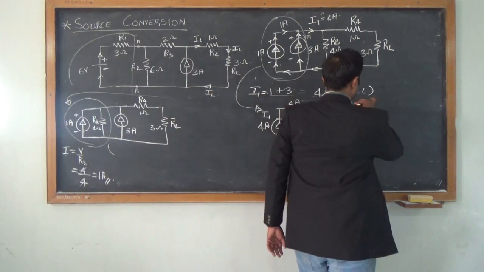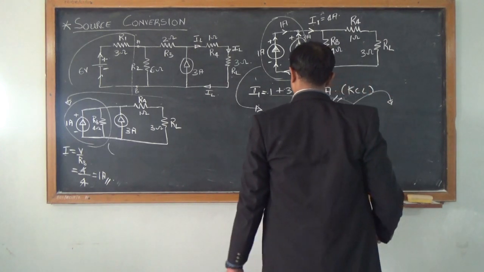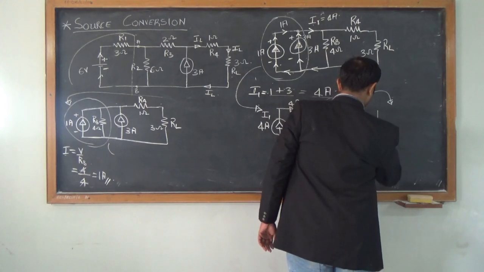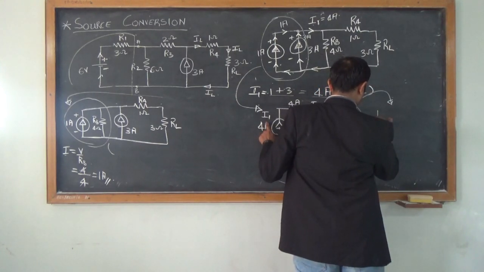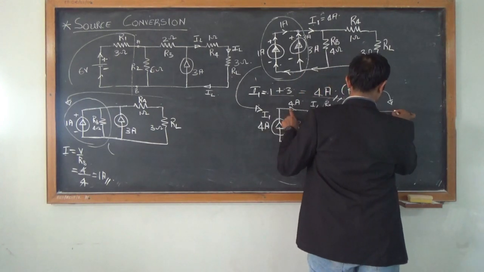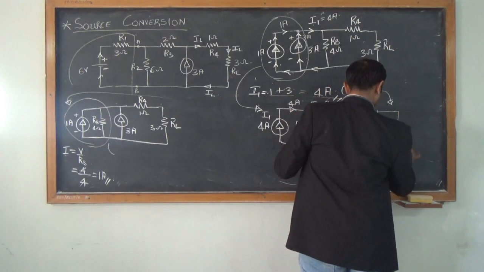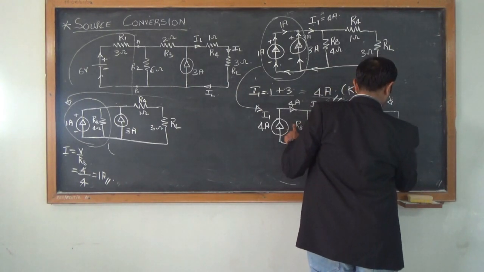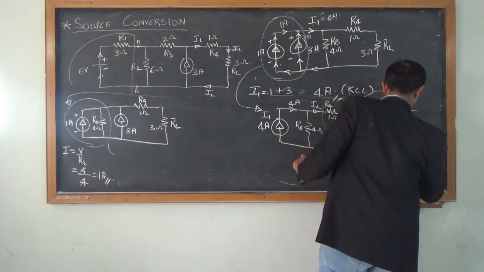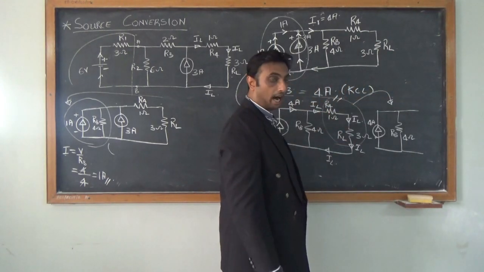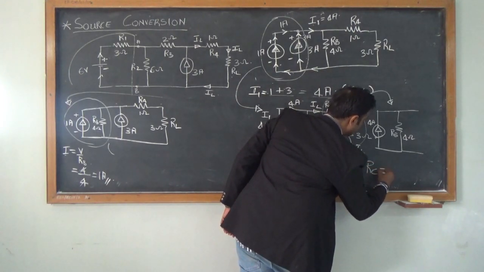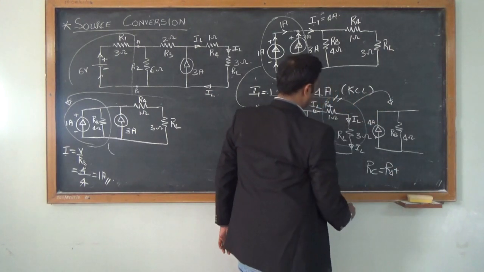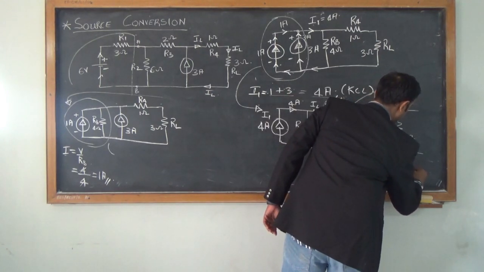So now combining both these resistors together, the rest of the circuit remains the same, 4 amps. So I have 4 ohms, which is my RB, and now I am going to combine R4 and RL. So I'll call this RC. So RC equals R4 plus RL, since they are in series.